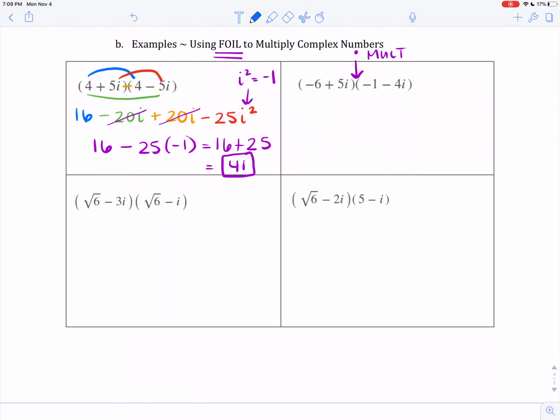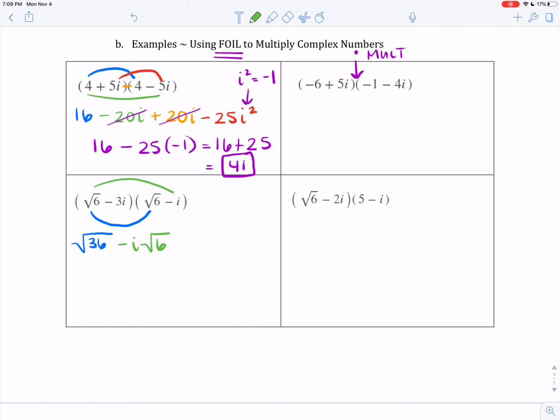All right, so we'll look at one more here. First terms, square root of 6 times the square root of 6. We've already learned we can combine a product under the square root. My outer terms, I've got the square root of 6 times -i. Now remember, we like to put the i out in front to show it's not under the radical.